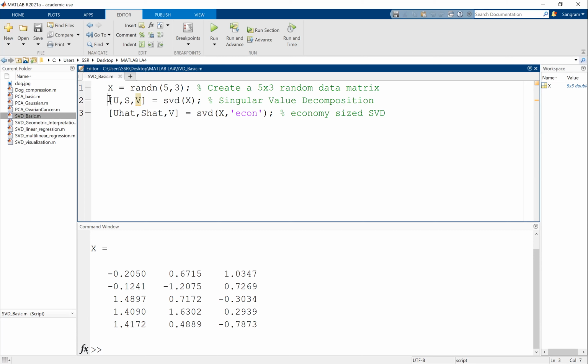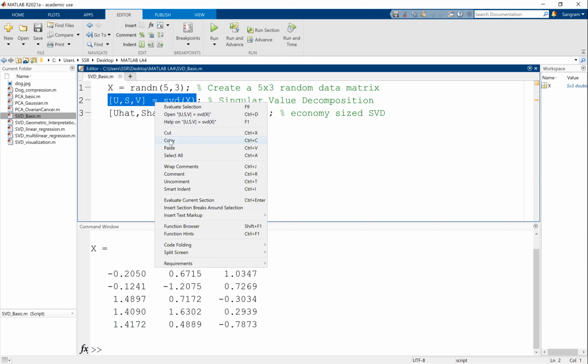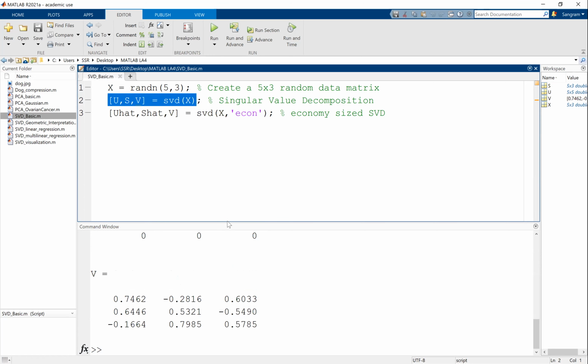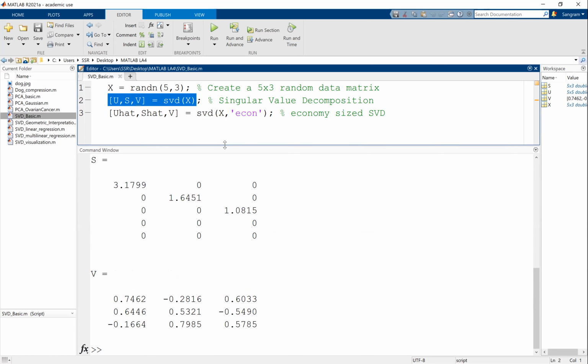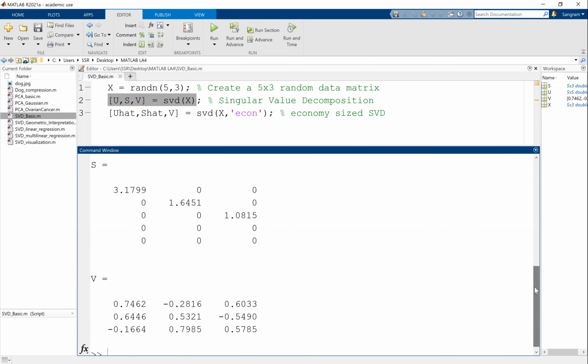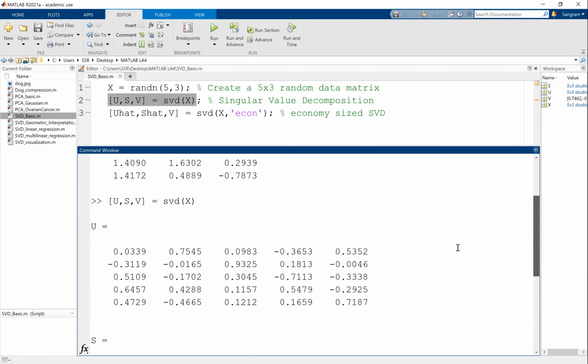Now what I'm going to do is run this code. I'm going to ignore the semicolon, so you will see how big that is. I would say evaluate selection, and you will notice that I got U, and please note U has 5 rows and 5 columns.